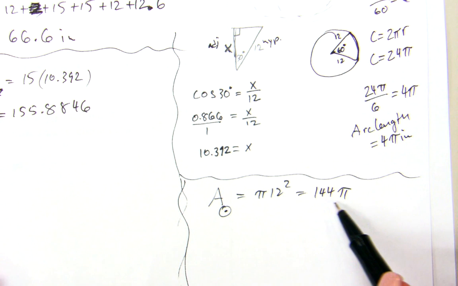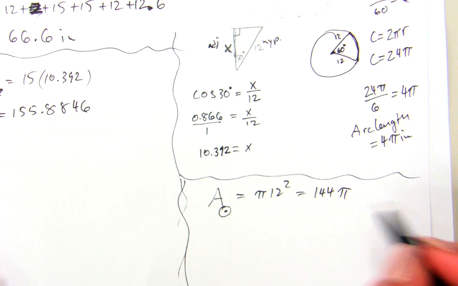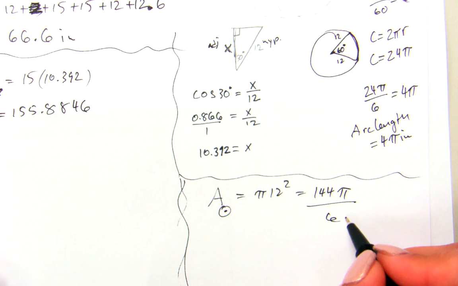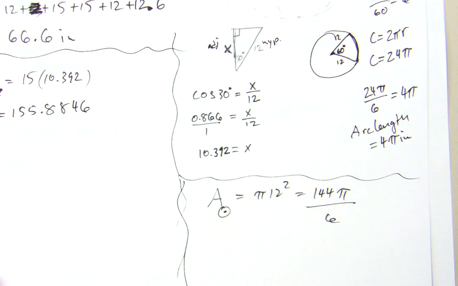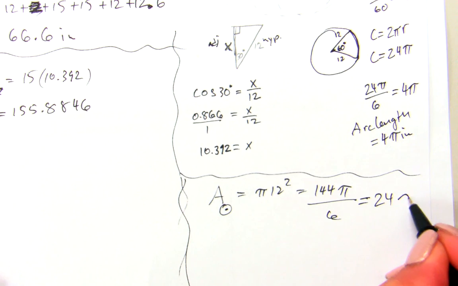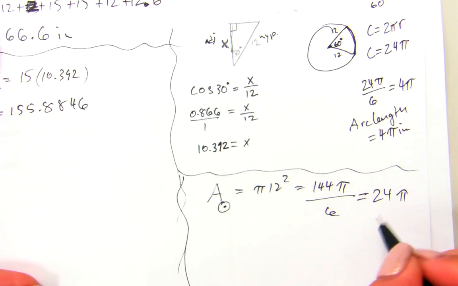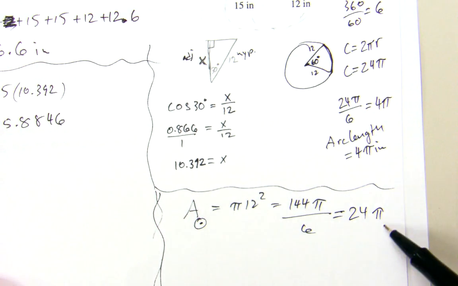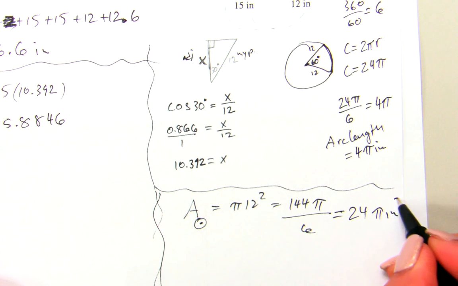So if I know the area of the whole pizza, 144 pi, well, I'm just going to divide by 6, and 144 divided by 6 is better known as 24 pi. So one slice of pizza in here has an area of 24 pi inches squared.